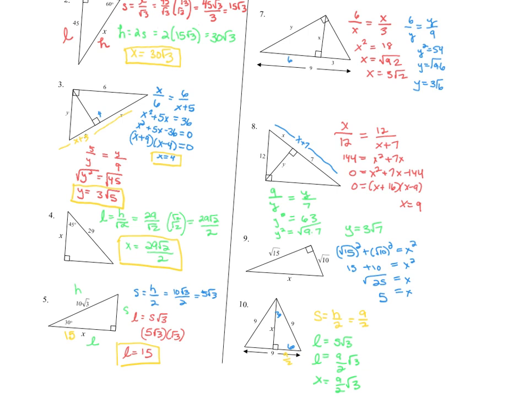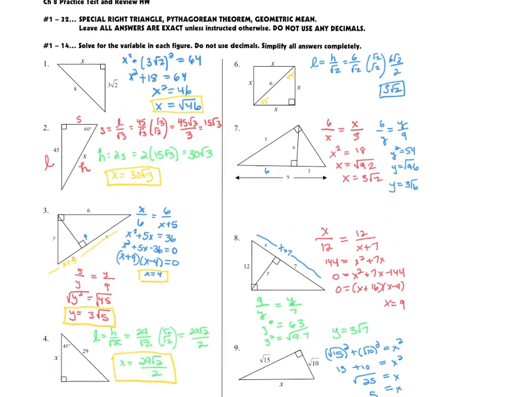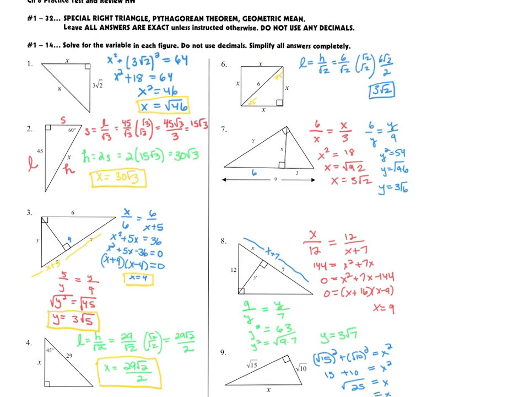All right, so moving up to number 6. Number 6, we are given a square, and so if we know that these angles are 90, we know that this is 45 and 45.